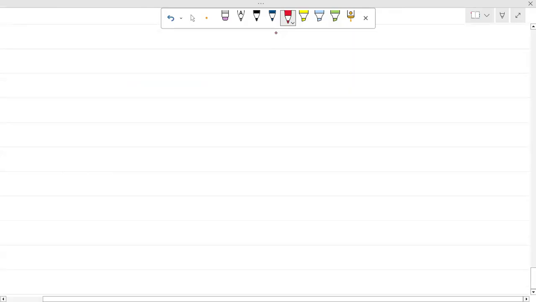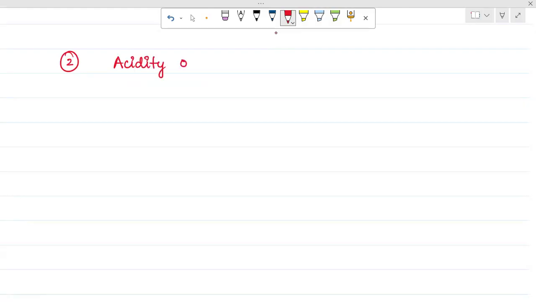Next application is the acidity of oxoacids. Oxoacids means HClO4, H2SO4, H3PO4, etc. Here also the concept is the same.